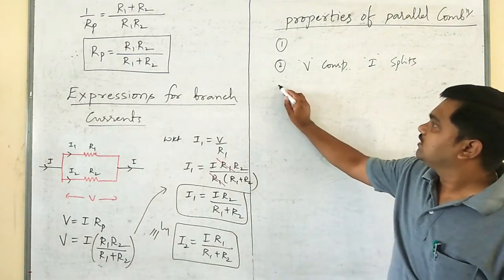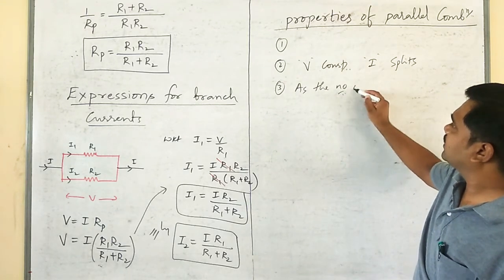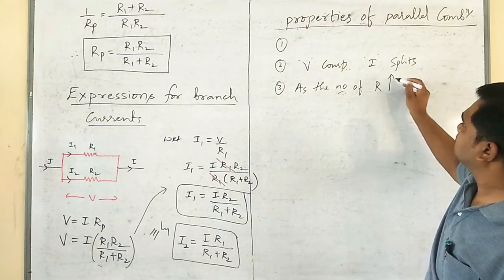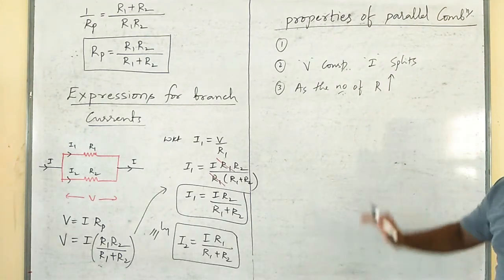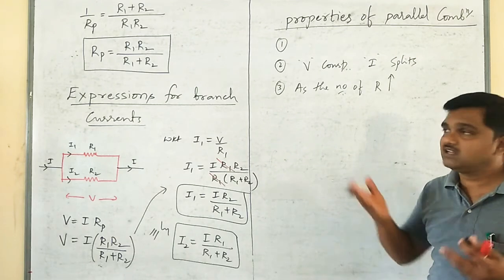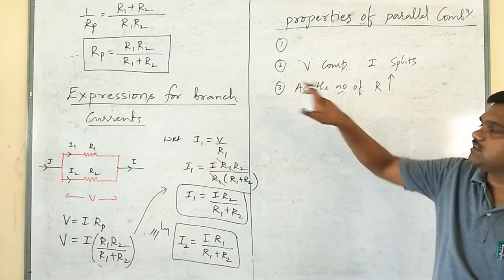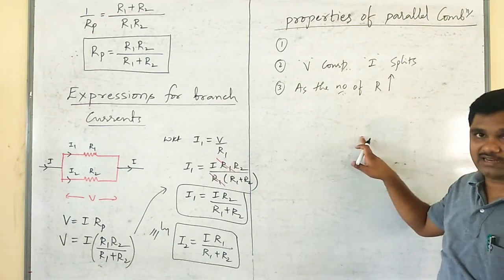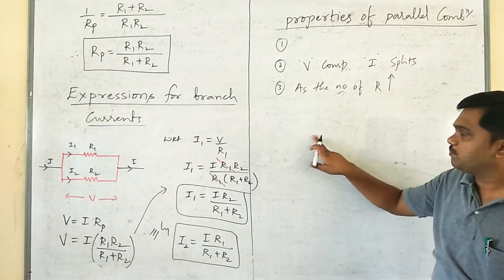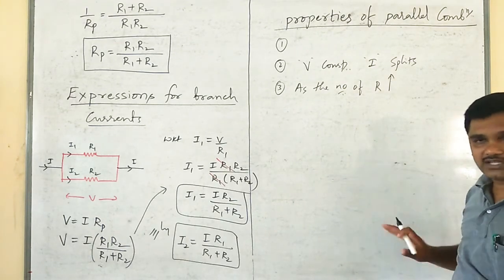Okay, next, as the number of resistors in parallel increases, the reciprocal values increase, hence the value of Rp will decrease. Since 1 by Rp is equal to 1 by R1, plus 1 by R2, plus 1 by R3, if we go for Rp, then it will be 1 divided by (1 by R1 plus 1 by R2 plus 1 by R3).